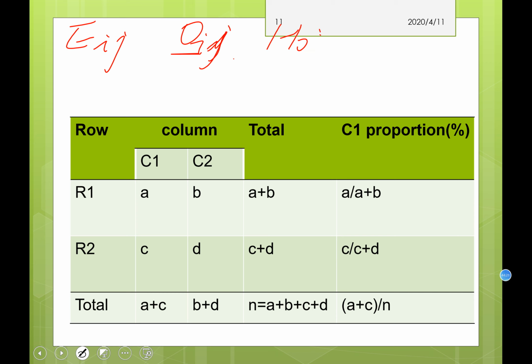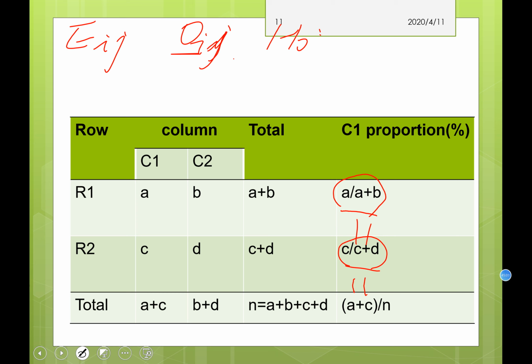So that means, do you know what is H0? We said that H0 is there is no significant difference between the 2 groups. So that means the proportion for C1 in group 1 and group 2, they are the same, right? And then in mathematics we will find that if proportion 1 and proportion 2 are the same, the total proportion must be the same too.